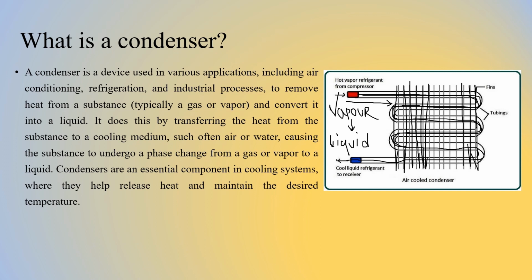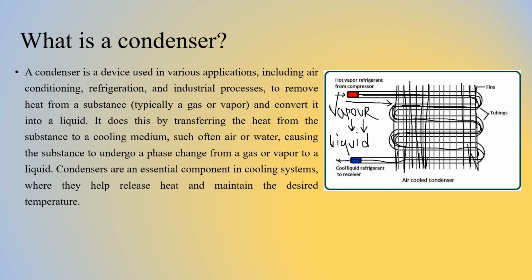As a result, as the heat is extracted from the refrigerant, the vapor is converted into liquid. Is that not a simple working of a condenser? So a condenser converts a vapor refrigerant to a liquid by condensation. This is called condensation. There are many types of condenser we have to learn in this chapter.